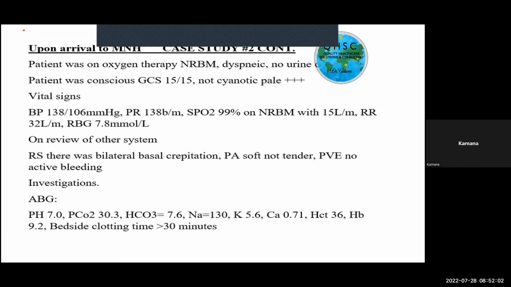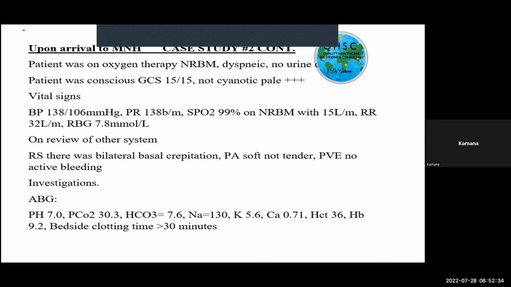Then we give sodium bicarbonate, then nebulization with salbutamol, IV magnesium sulfate, and then we transfuse the blood, packed red blood cells 3 units, and 3 units of FFP, and 3 units of platelets.